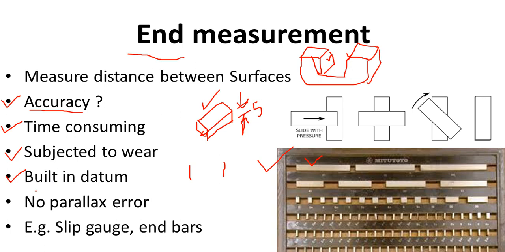So this needs a built-in datum. In the case of line measurements, we don't need that datum. Since there are no lines, there is no question of parallax error. So this technique is free from parallax error. Examples of this measurement technique are slip gauges and end bars, and so on.